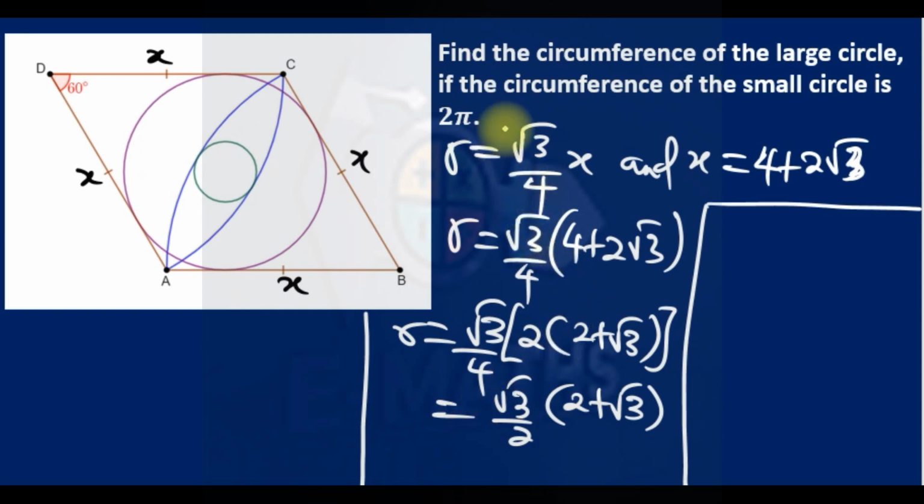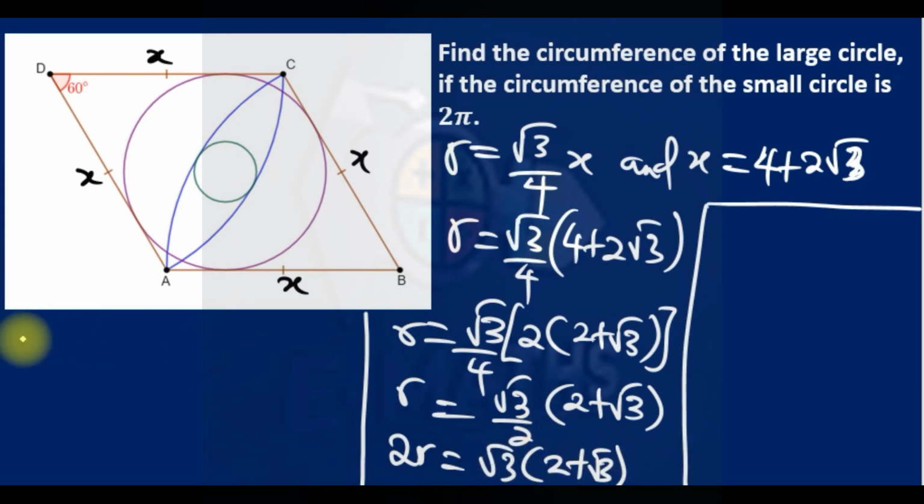And okay, since we are talking about circumference, and we know circumference of a circle is 2 pi r. So I can just cross multiply. So I can get 2r is now root 3 times 2 plus root 3, to make our work easier. So 2r is this, and we can open up: root 3 times 2 is 2 root 3, plus root 3 times root 3 is 3.